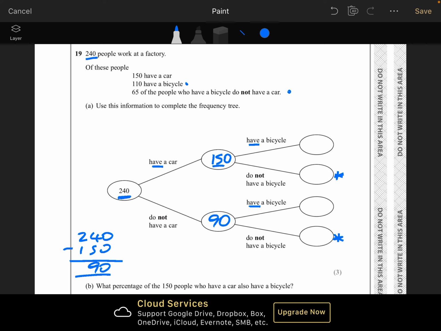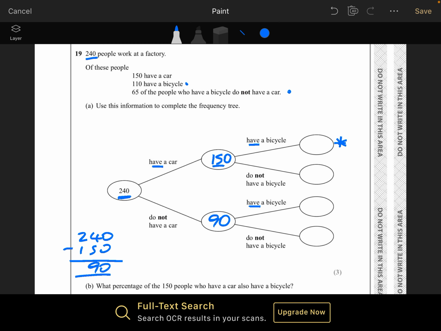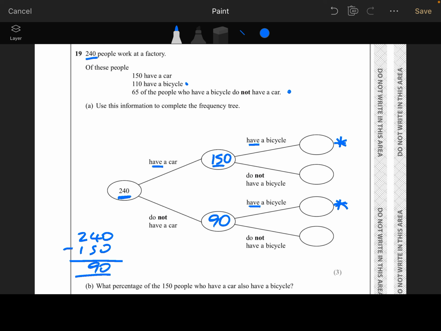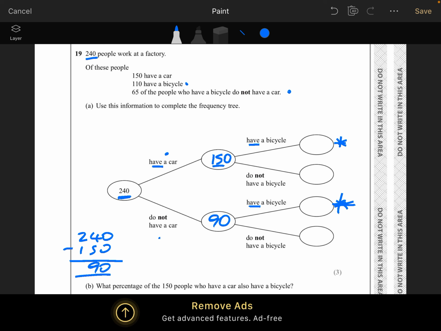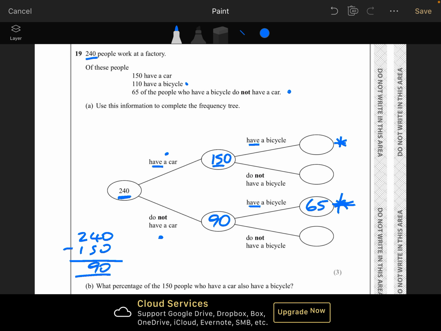Sorry, I've got that the wrong way around. So 65 of the people who have a bicycle, that one and that one, don't have a car. So it's only this one here, because these ones have a car. So 65 of the people who have a bicycle do not have a car.